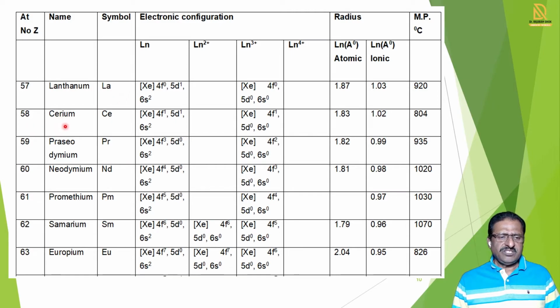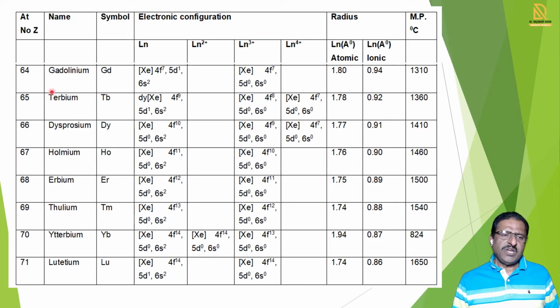Then 58 cerium, Ce. Then 59 praseodymium, Pr. 60 neodymium, Nd. 61 promethium, Pm. 62 samarium, Sm. 63 europium, Eu.